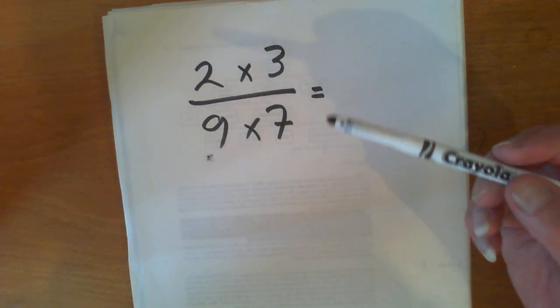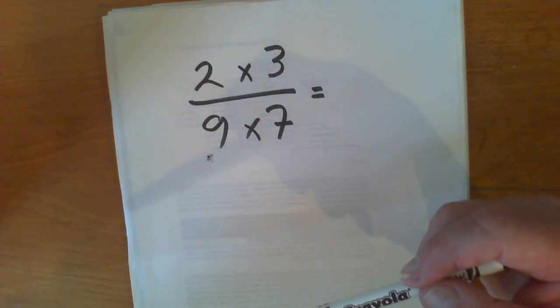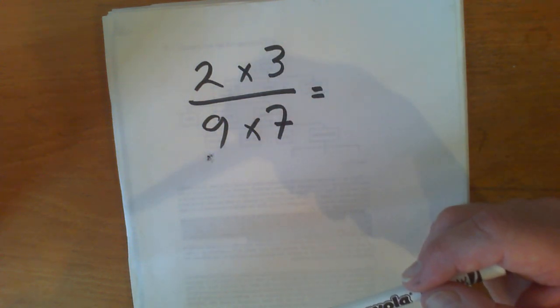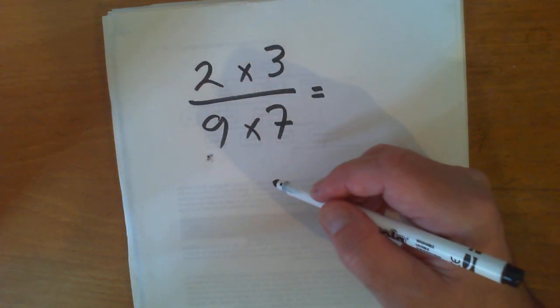What I'm saying is that the basic rule is that I can divide top and bottom by the same integer, if possible, and that would just produce an equivalent fraction.